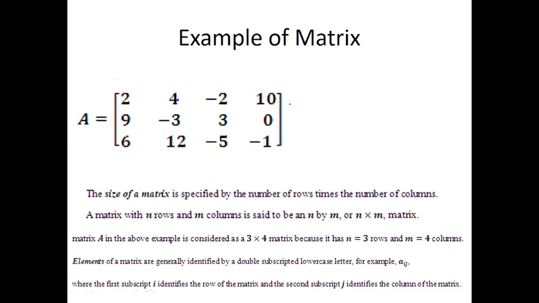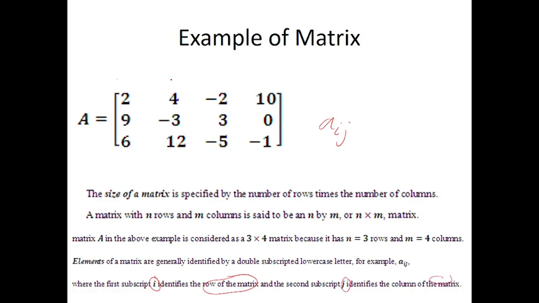So we use the two subscripts i and j, where the first subscript i identifies the row of the matrix, the row where the element is located, and the second subscript j identifies the column of the matrix.